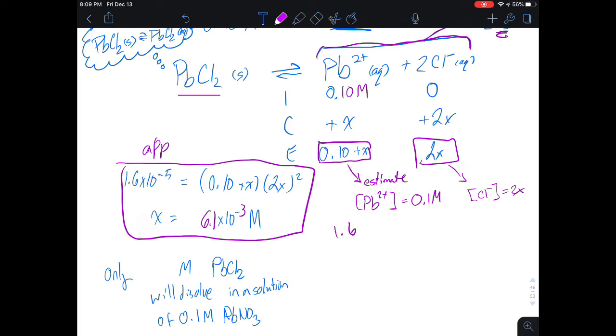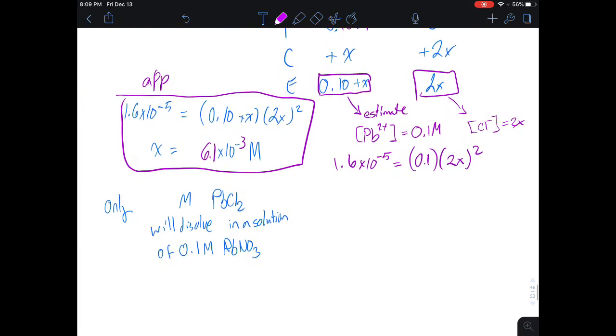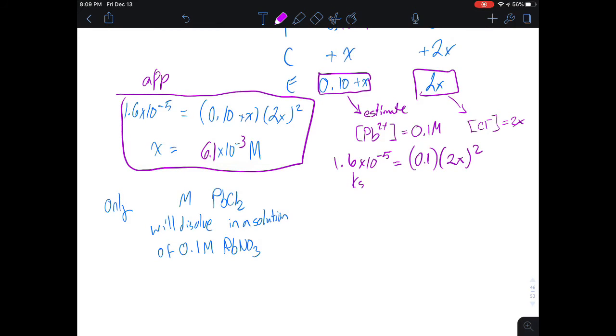And then we're going to put that into our equation. 1.6 times 10 to the negative 5 equals 0.1 times 2X squared. Exactly the same equation we've been using for a while here. This is our KSP, and this is our concentrations of lead and chlorine.